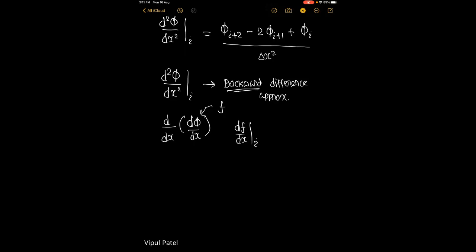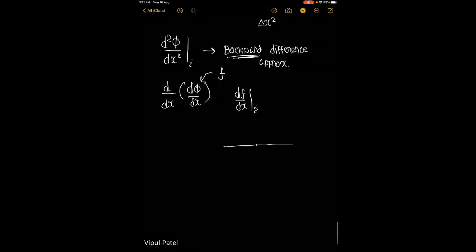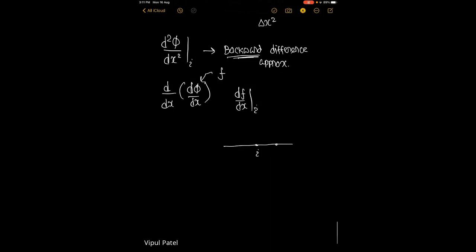So if I draw this particular domain, then this is I, this is I plus 1, this is I minus 1. Okay, so I know that in backward difference scheme I can write df by dx at any node I is equal to f at this particular node I minus f at I minus 1 divided by delta x. So f of I minus f of I minus 1 divided by delta x, right?